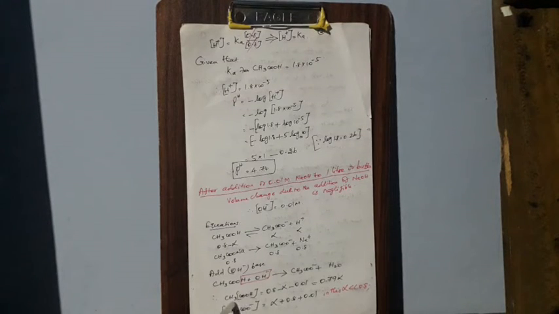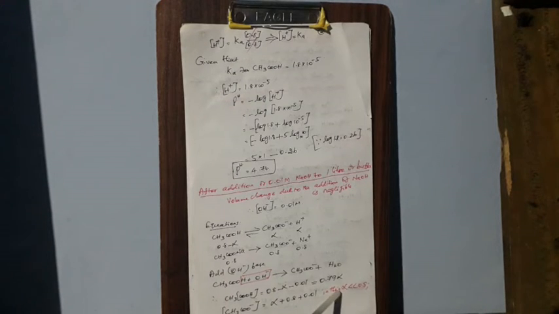So CH3COOH concentration is 0.8 minus alpha minus 0.01, where 0.01 is the base already added, so the value is 0.79 minus alpha. CH3COO minus is alpha plus 0.8 plus 0.01, since 0.01 mole of NaOH is added.